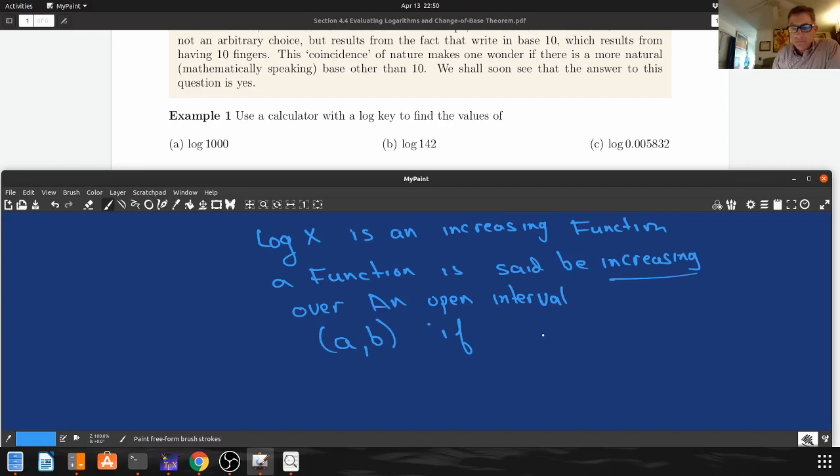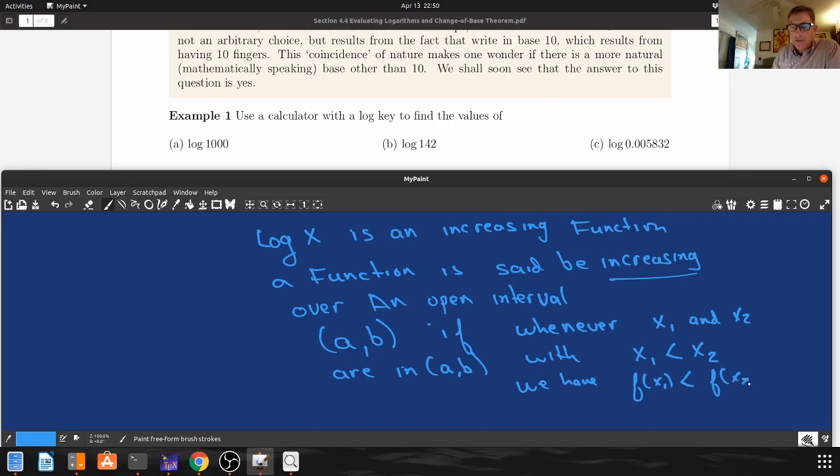if whenever x1 and x2 are in the interval (a, b) with x1 less than x2, we have f of x1 is less than f of x2.